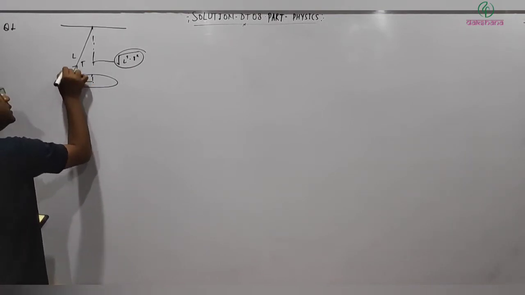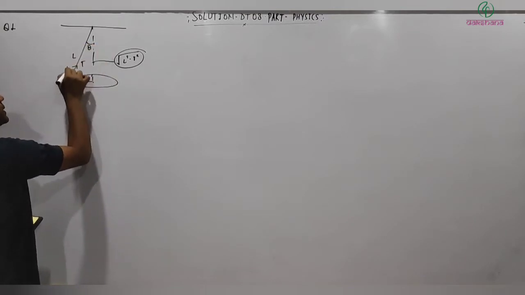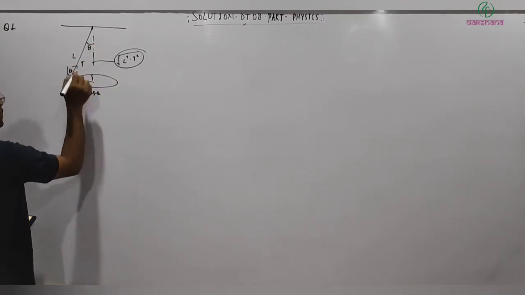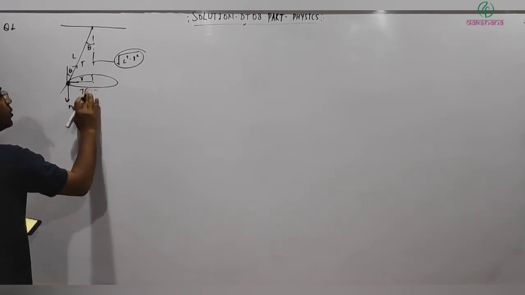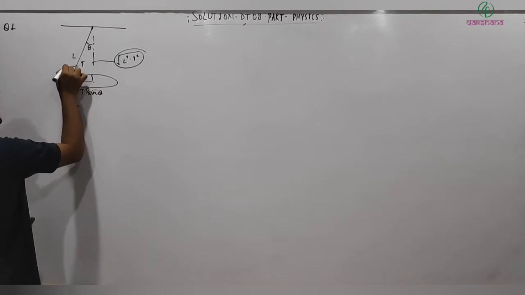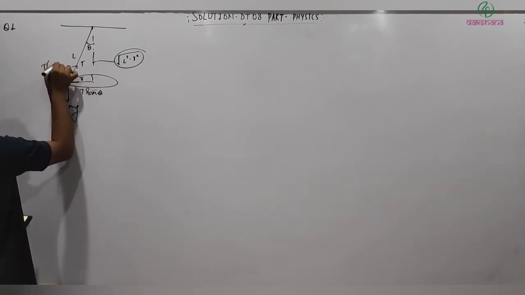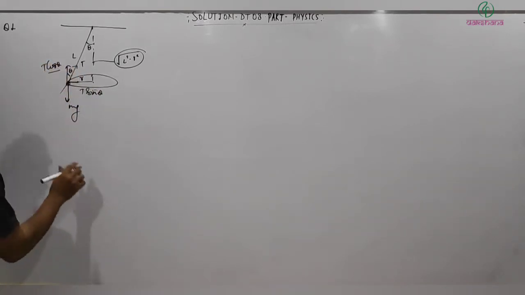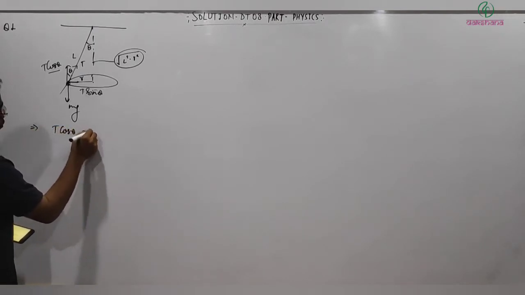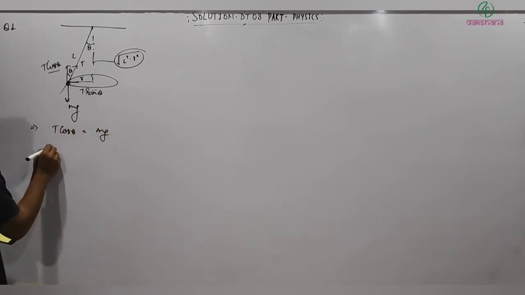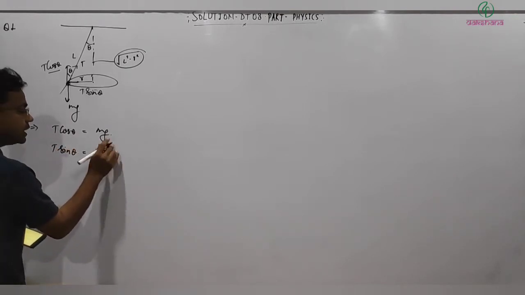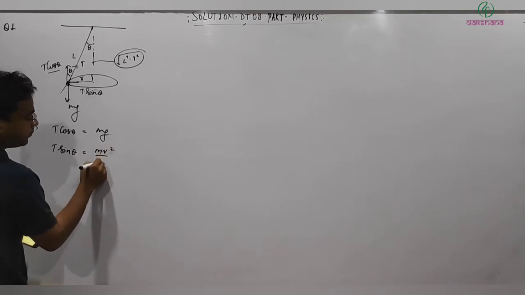If I take this angle as theta, then this will also be theta, so T cos theta acts in this direction and T sin theta in the other. Balancing the forces, T cos theta equals mg, and T sin theta provides the required centripetal force, mv square by r.